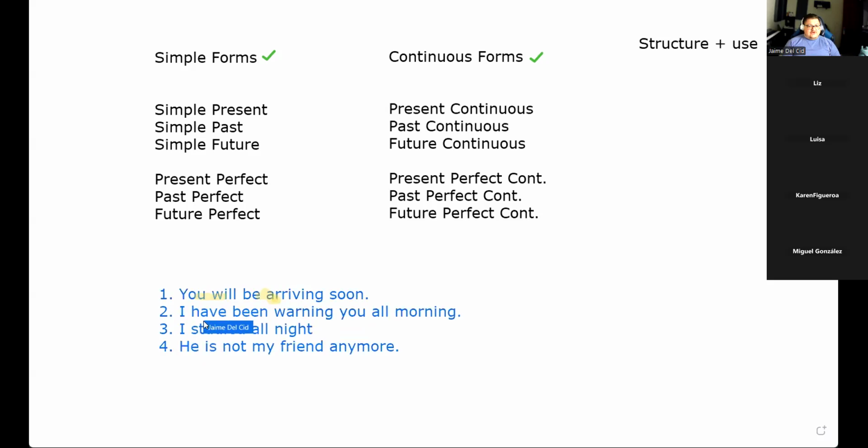If possible, can you read sentence number 1? Yeah, you will be arriving soon. Sure. Is that simple or continuous? Future continuous, okay? And what tense is it?